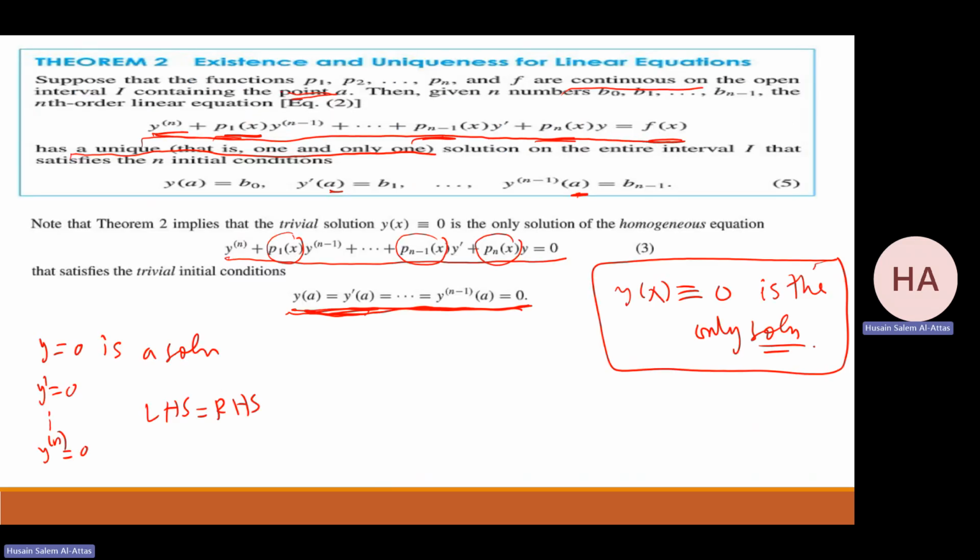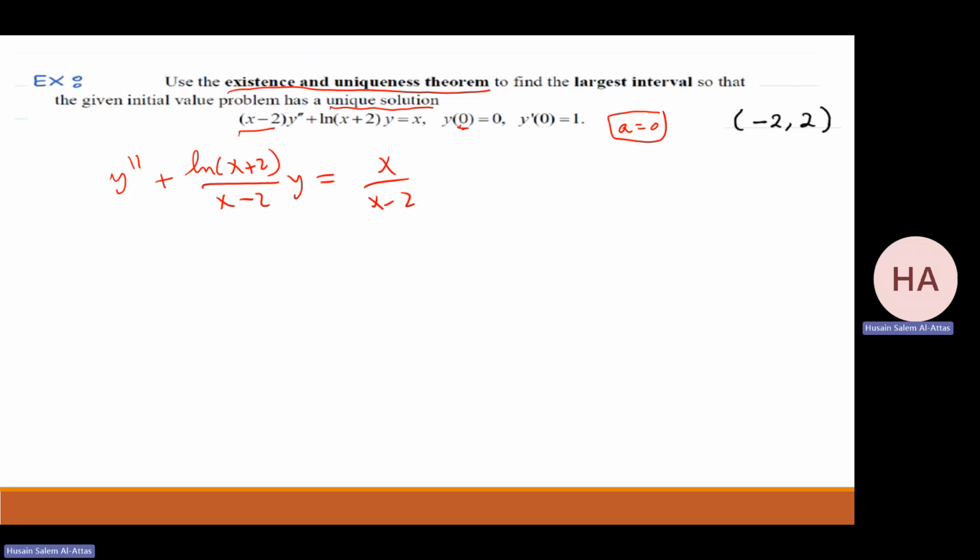As in this theorem, there are unique solutions if P1, P2, Pn, and F are all continuous, and they want A to be in that interval. Okay. So I have P2 is 1, which is continuous everywhere, so this is minus infinity to infinity. Nothing to worry about.